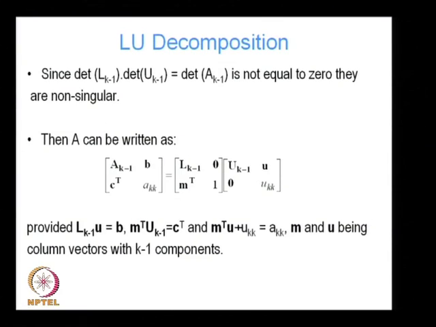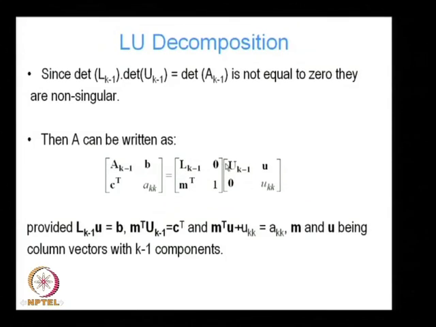So, we are saying that if A k minus 1 has an LU decomposition, then we can write Ak in terms of the product of these two matrices, provided that L k minus 1 times U is equal to B.